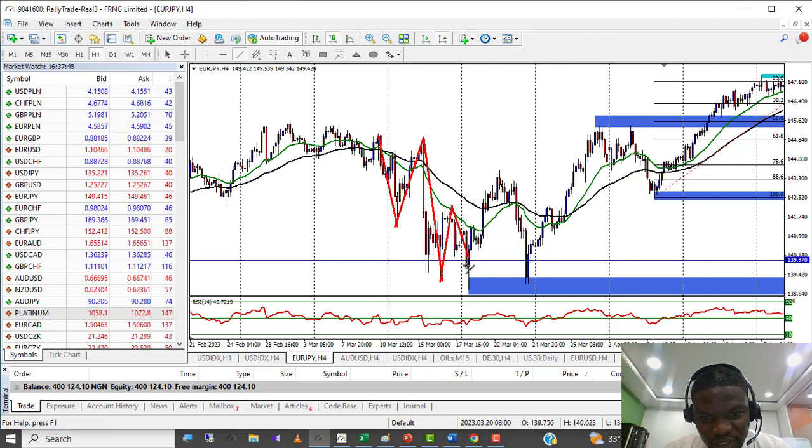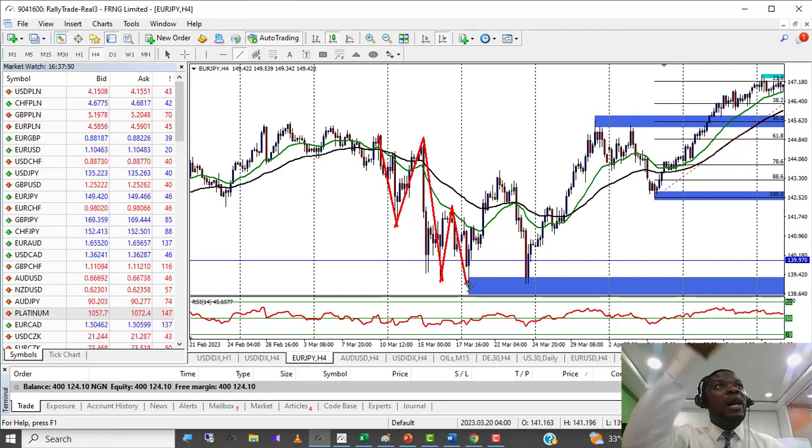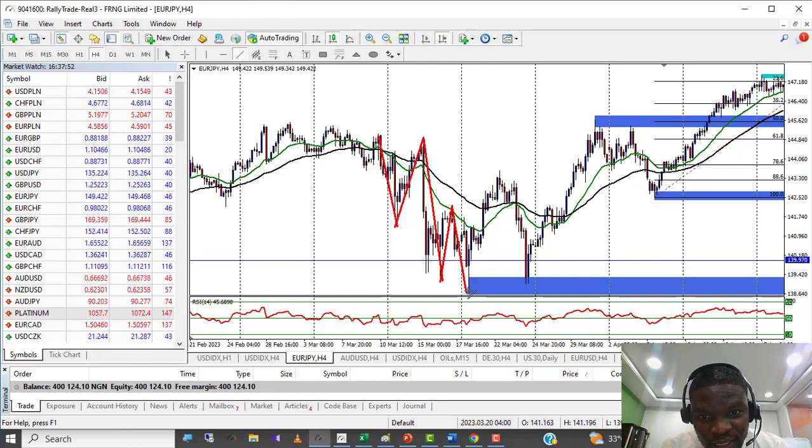If you notice carefully, this price moved lower than the recent low, right? It moved lower than the recent low. So there's a break of structure to the downside here. There's a break of structure to the downside here.